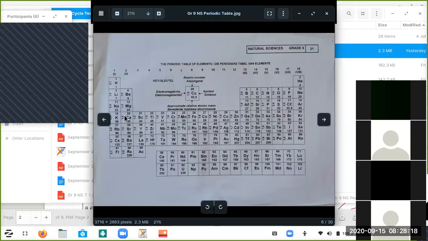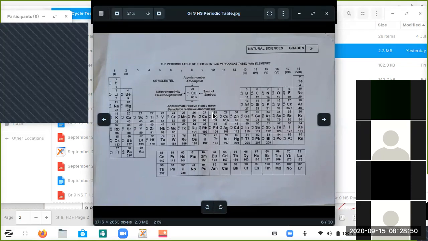It's just here where my highlighter is, 13AL27. It is in group number 13. You can see there it's group 13. The 13 is the atomic number. That's the group, right? And the period, it's period number 3.